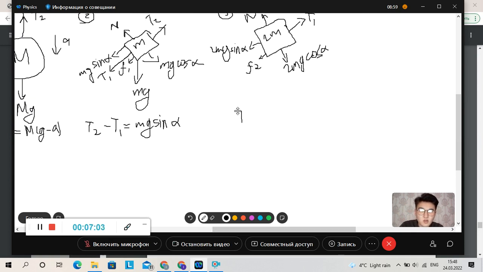And we have T1 is equal to 2mg sine alpha.